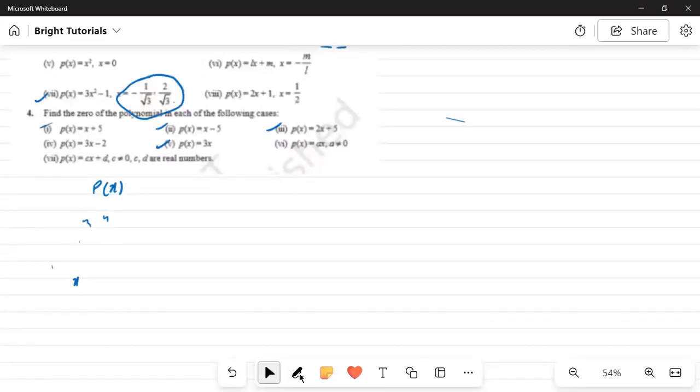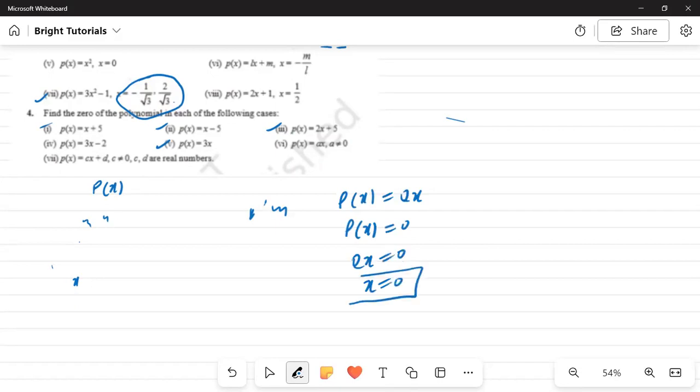Similarly, we will do part number 6. Here it is given p(x) is equal to ax. So we will put p(x) equal to 0. So here ax is equal to 0 and x equal to 0 is the zero of this polynomial.